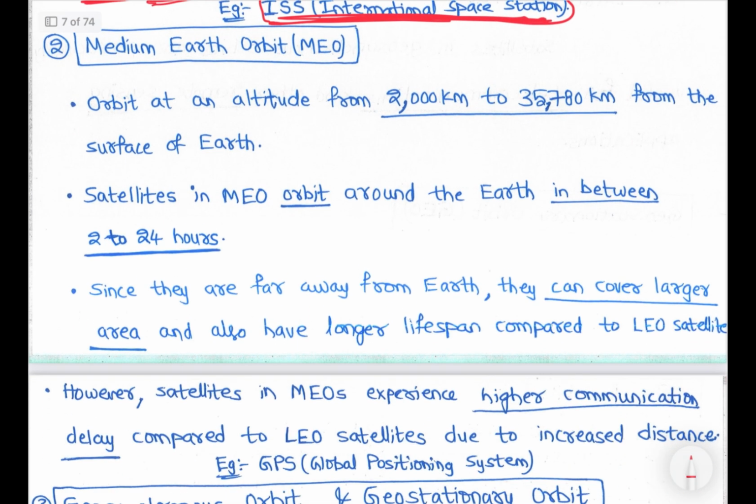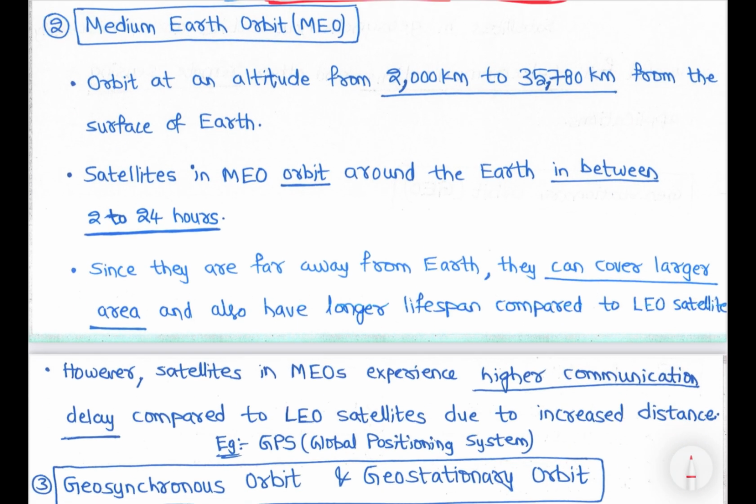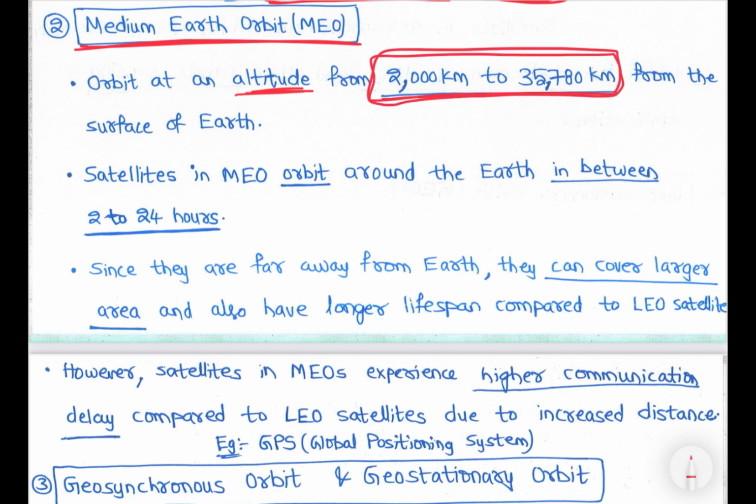Then next is medium Earth orbit, right? Medium Earth orbit, right? That is orbit at an altitude from 2000 kilometers to 35,780 kilometers from the surface of Earth, right? Satellites in medium Earth orbit go around the Earth in between 2 hours to 24 hours. We have studied, right?